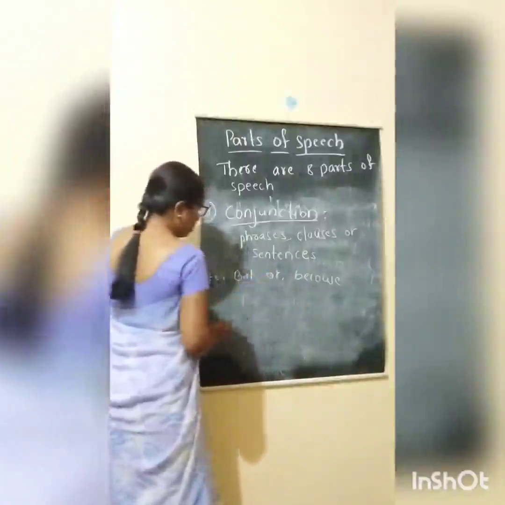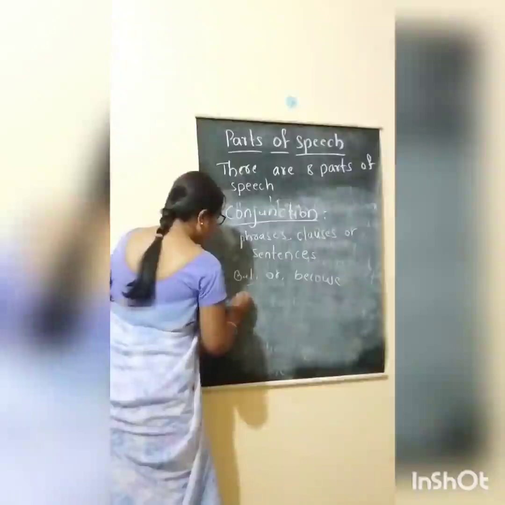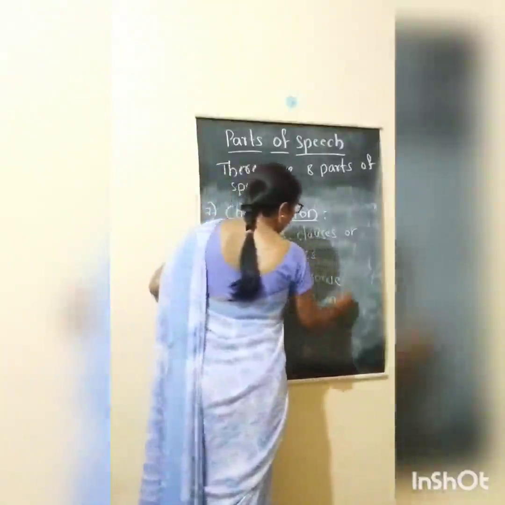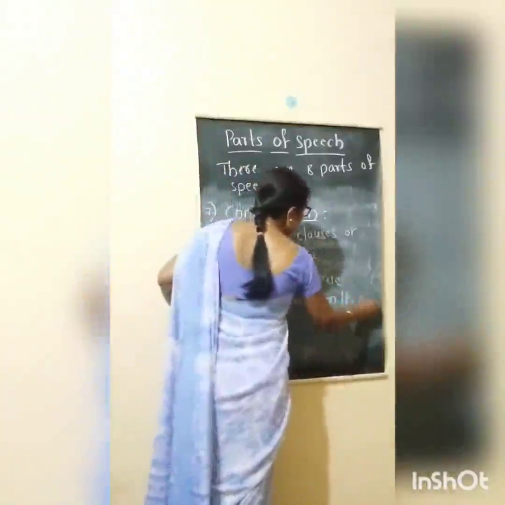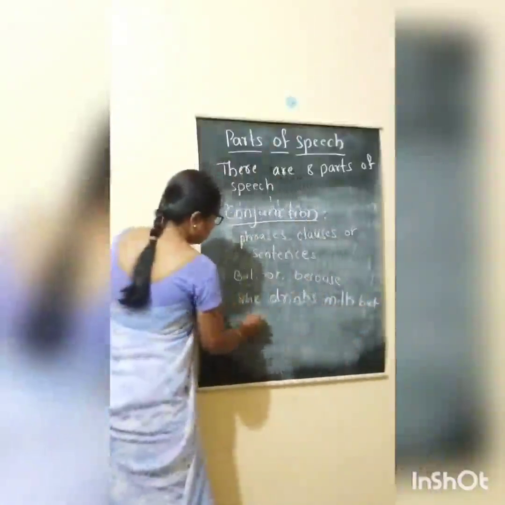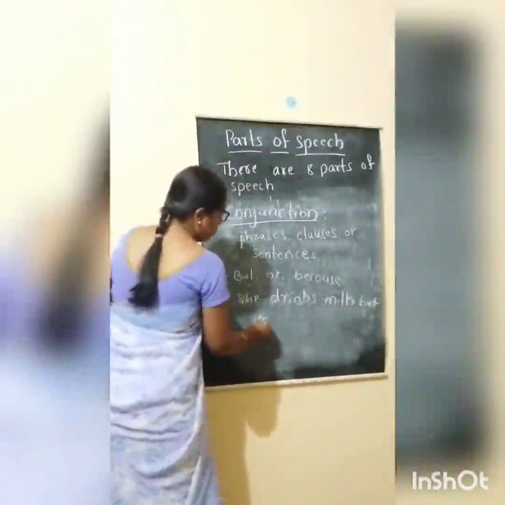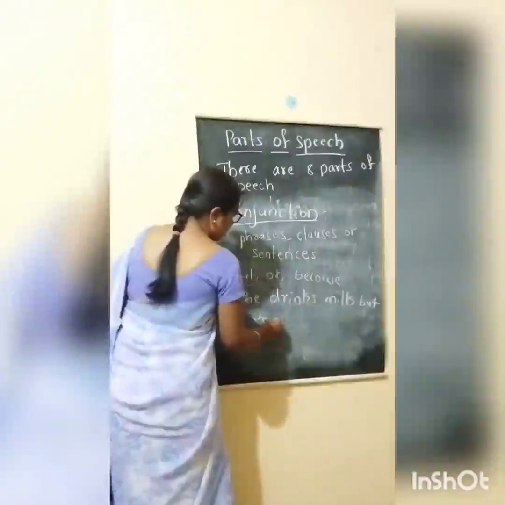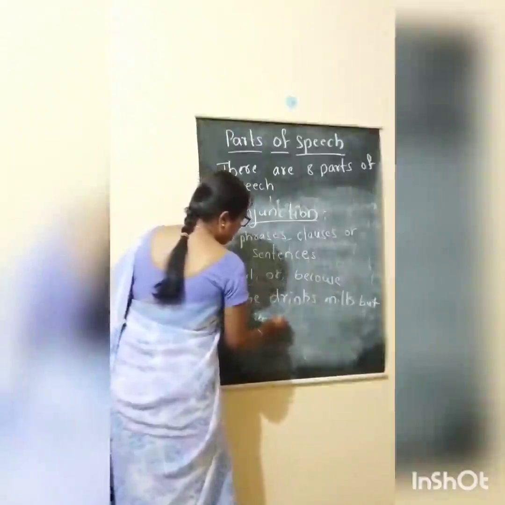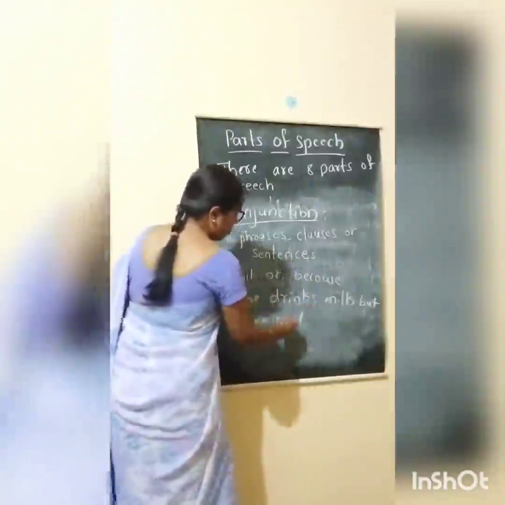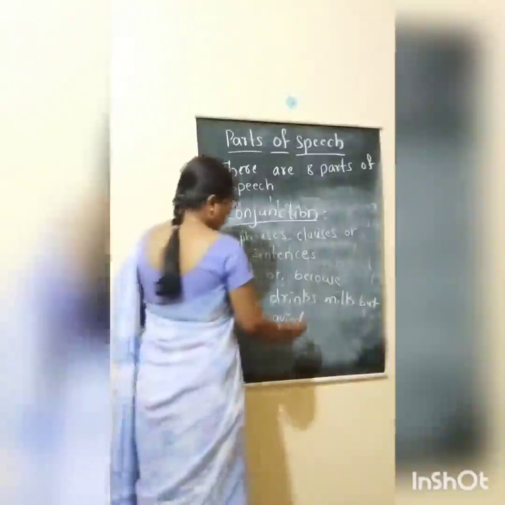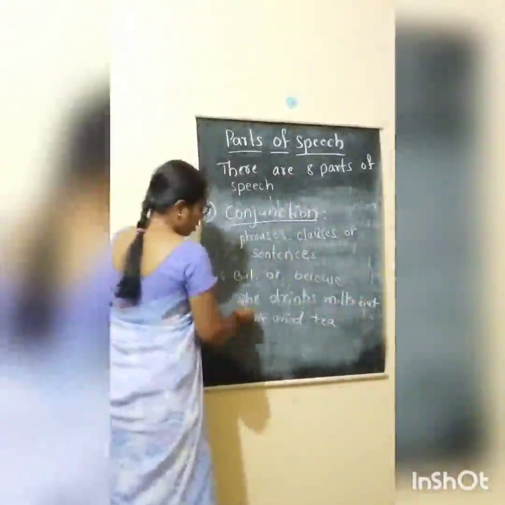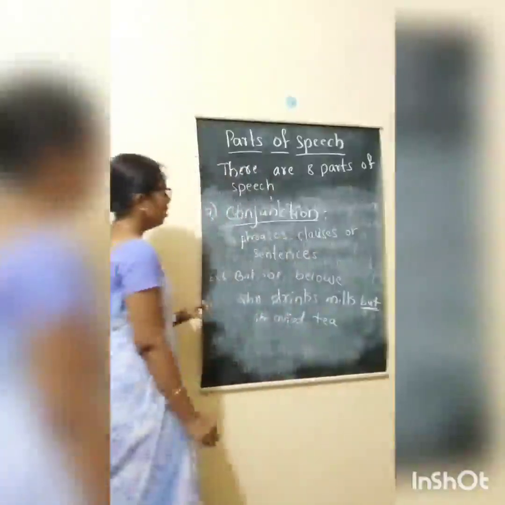Here I am taking the word but. She drinks milk, but she avoids tea. Here but is a conjunction.